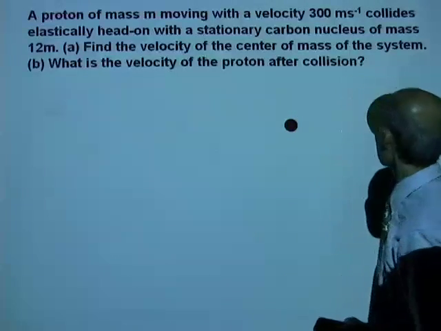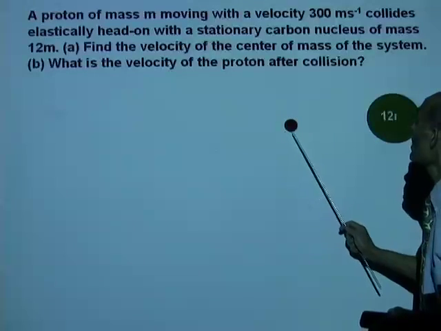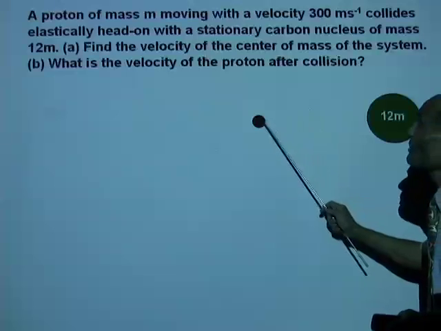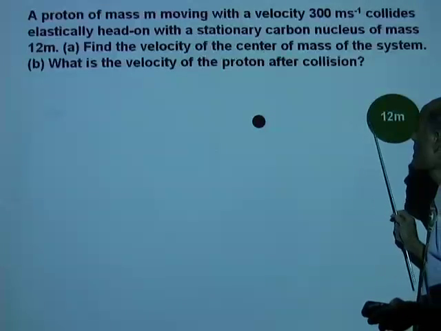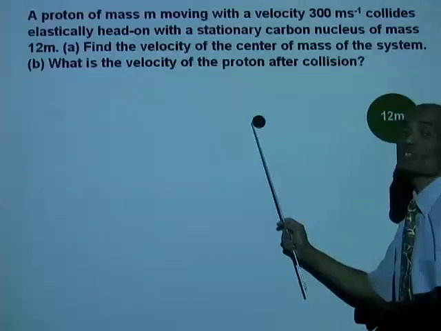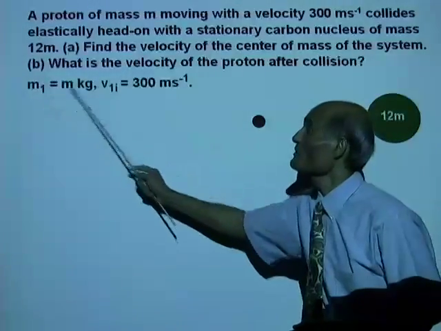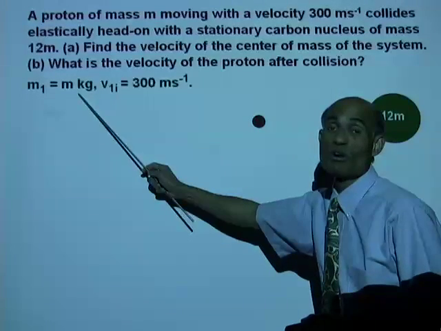Alright, we got here, this is the carbon nucleus, this is the proton, and the mass of the carbon nucleus is 12 times the mass of the proton. And you know the proton came and hit the carbon nucleus and was rebounded. M1, the mass of the proton, is m kilogram. We don't know how much it is.